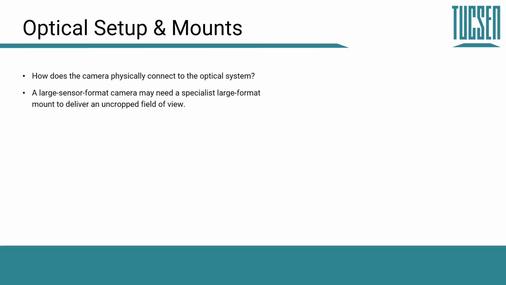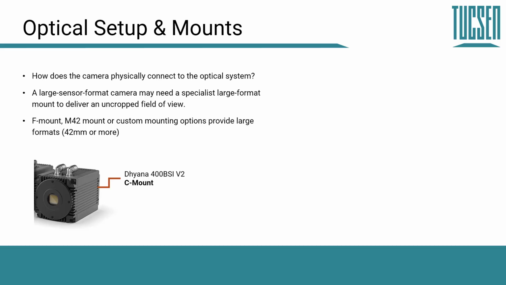For example, we have large sensor format cameras that might need a specialist large format mount. Otherwise, we're going to crop the field of view that the optics will deliver. We have, for example, F-mount or M42, or also custom mounting options provided by Tucsen, which can provide really large format sensors the entire uncropped field of view, 42mm or more.